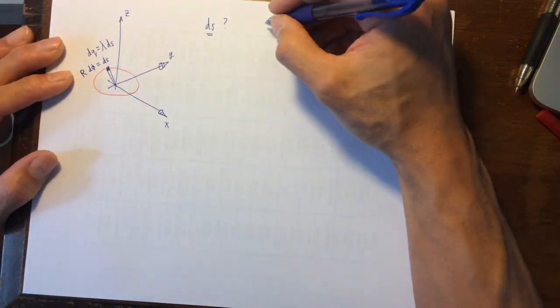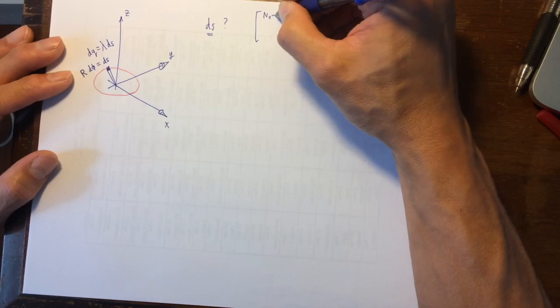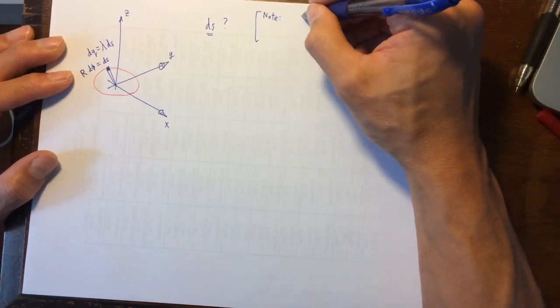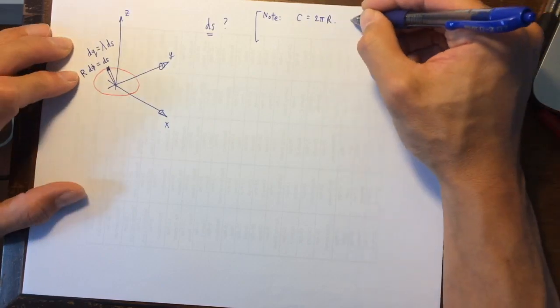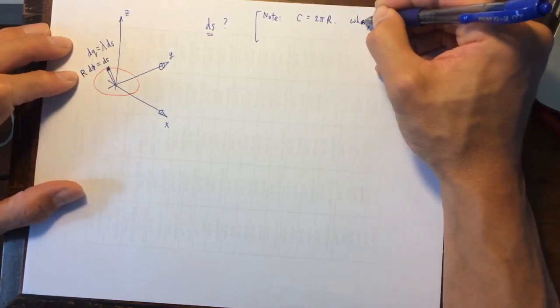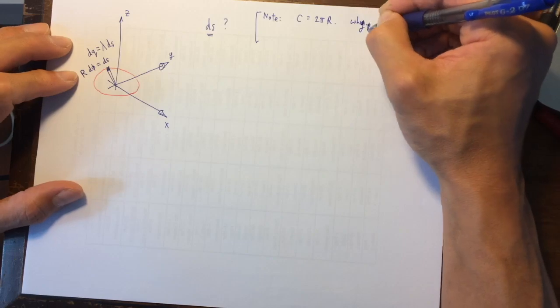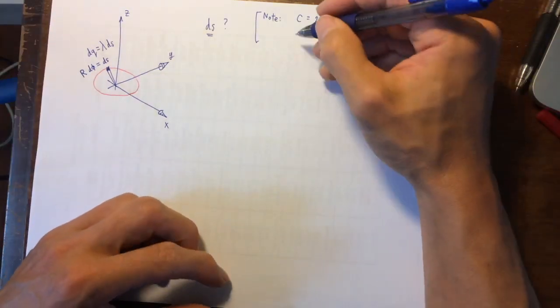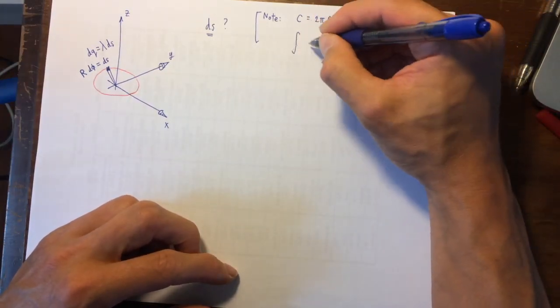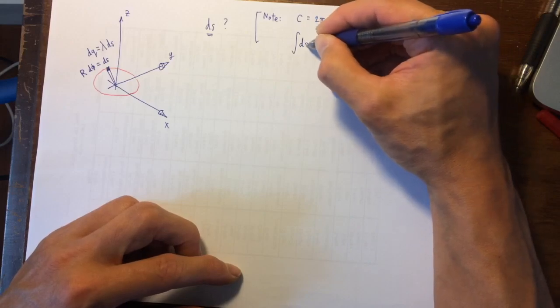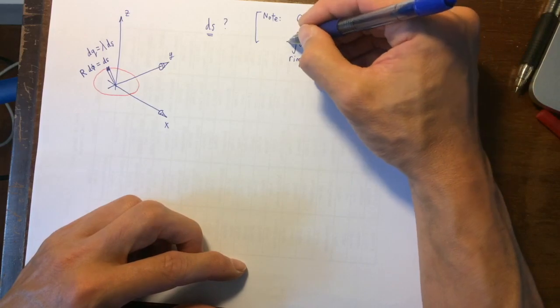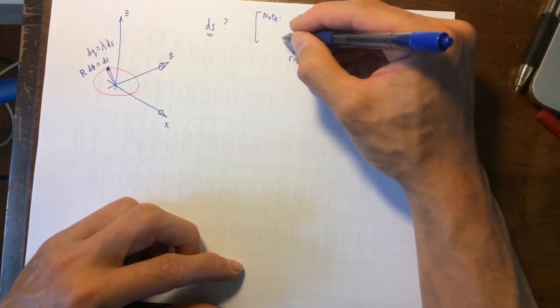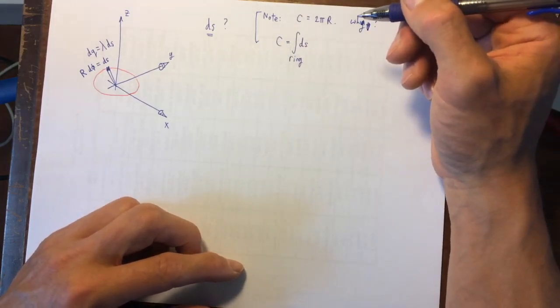And let me describe a side note. I know that the circumference is 2 pi r. And let me tell you why that is true. The idea is if I can integrate small arc lengths all the way around the ring, I should add up a totality of what is known as the circumference.